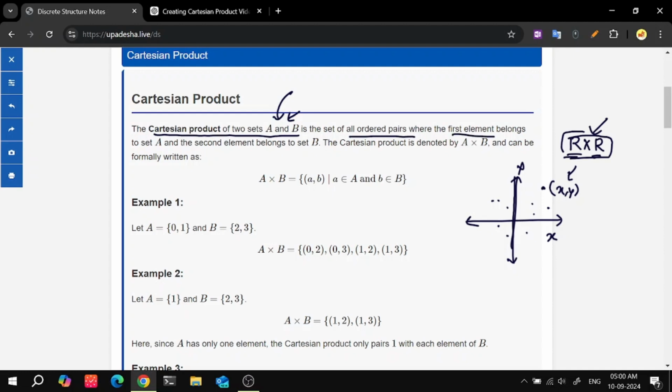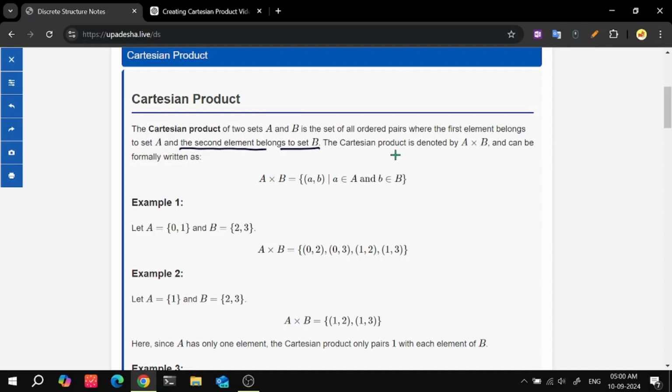The Cartesian product is the set of all ordered pairs where the first element belongs to set A and the second element belongs to B, and it is denoted by A cross B. It can be formally defined as A cross B is equal to all ordered pairs of the form (a, b), where the first element belongs to A and the second element belongs to B. That's what the definition is saying.